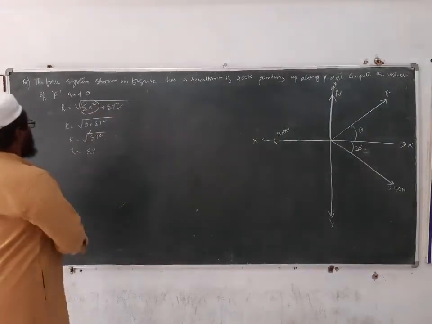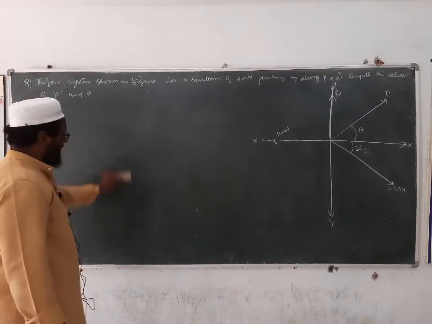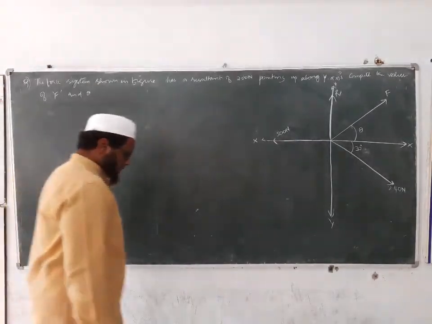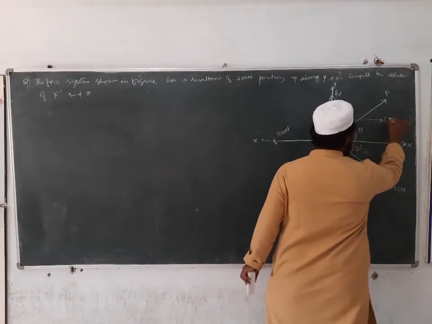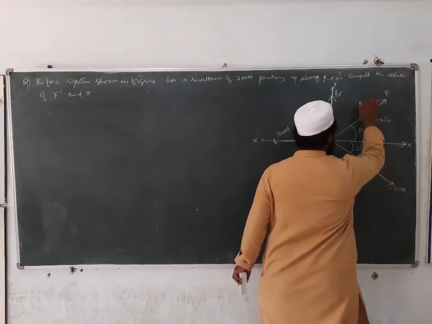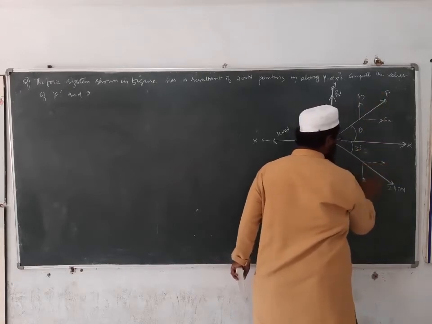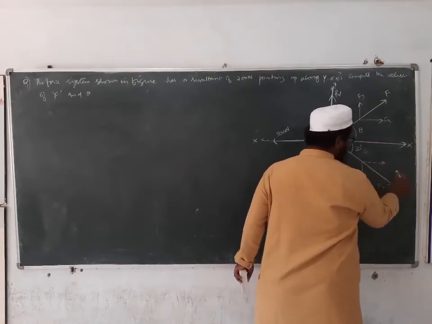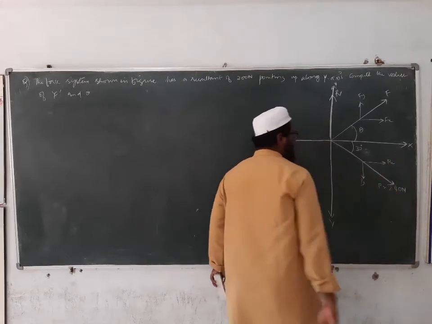Alright, so we'll start from the components again, because without components we cannot solve the problem. This will be Fx and this will be Fy, and we'll name the other force P, so this will be Px and this will be Py.